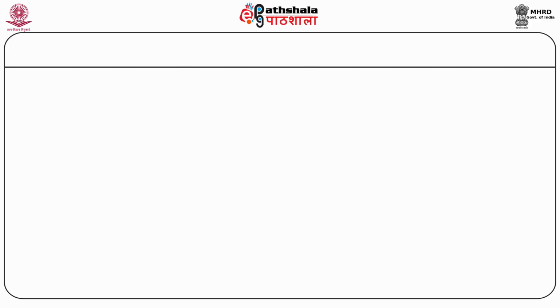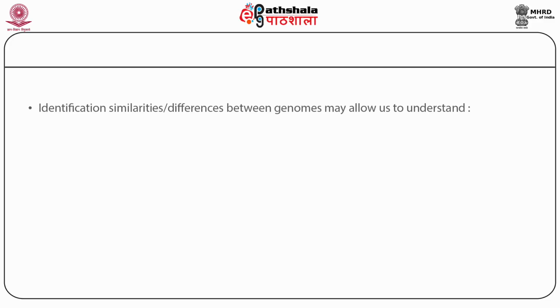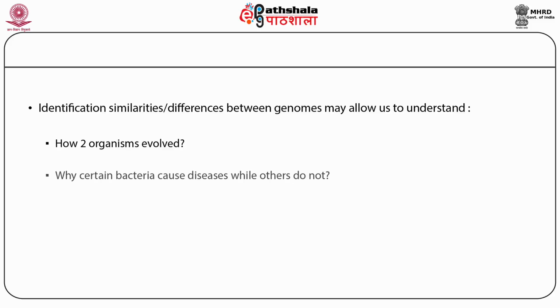We discuss how comparative genomics helps to ask some interesting questions, like identifying similarities or differences between two genomes, which may allow us to understand how the two genomes evolved. It means you can discover the evolutionary information between two organisms or genomes, how they are evolutionarily related or how they evolutionarily differ. Then why certain bacteria cause disease while others do not.